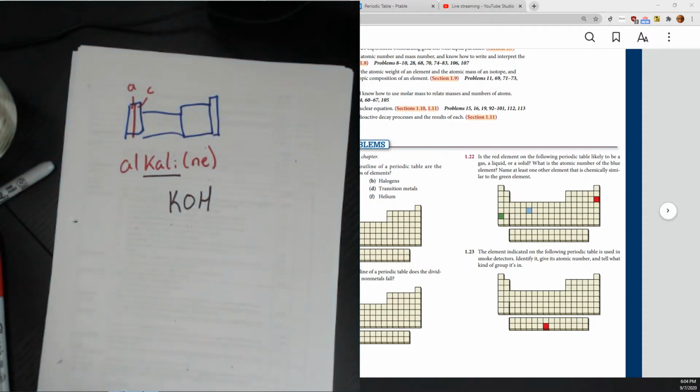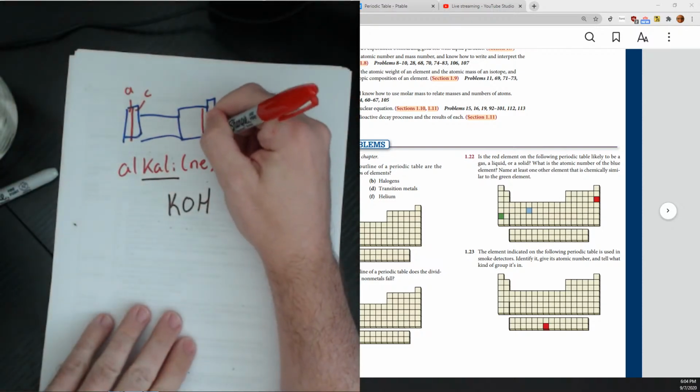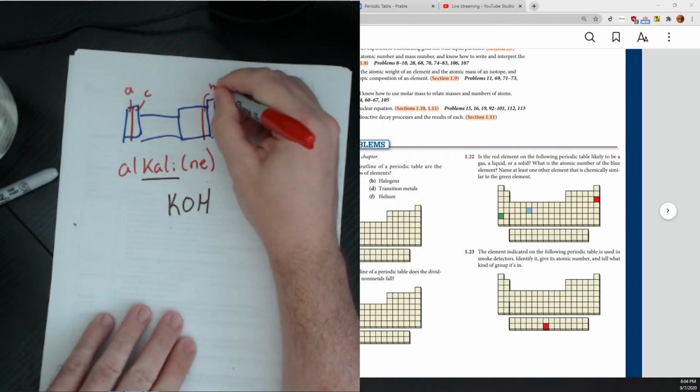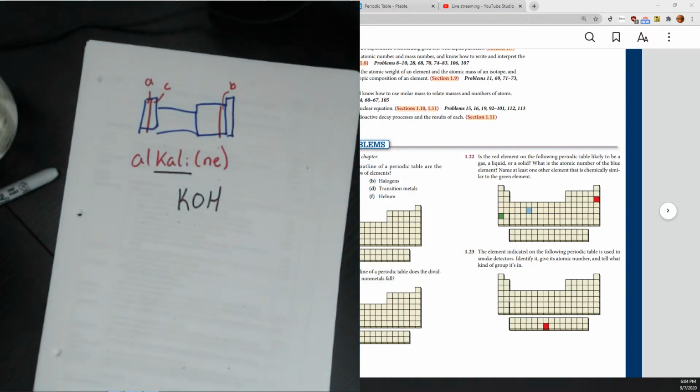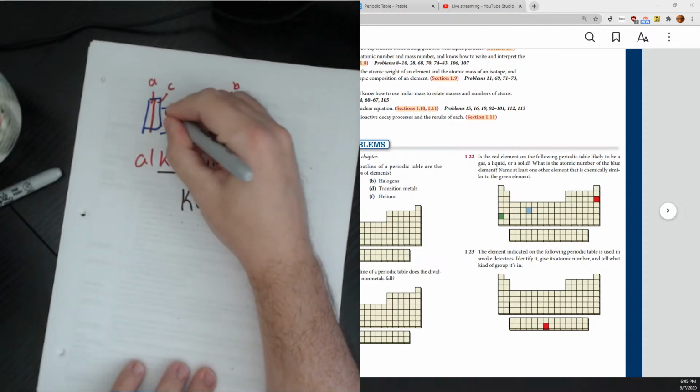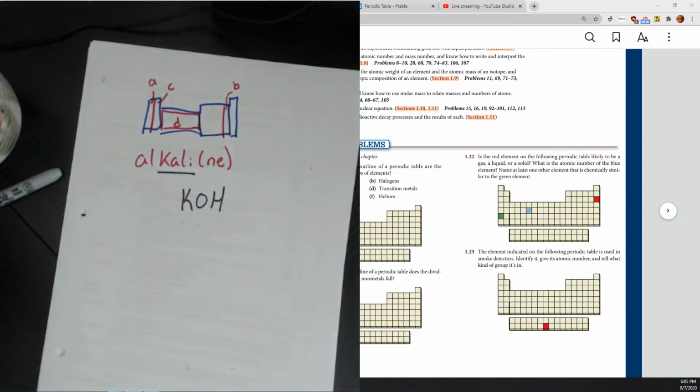All right, so next up, the halogens. That's B. The halogens are over at the far end of the periodic table. Not quite all the way over. They're the second to last column, topped off with fluorine. Then D is the transition metals. This entire block right here is the transition metals.